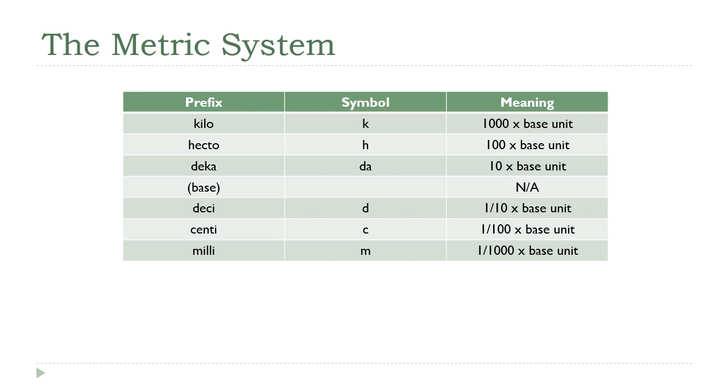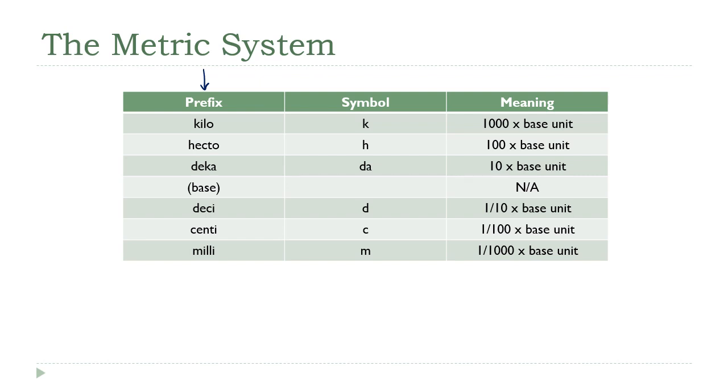Now, metric units are all based on this prefix here. So I'm going to do this specifically in terms of meters. Meters are the metric unit for linear measurements, kind of equivalent to feet.